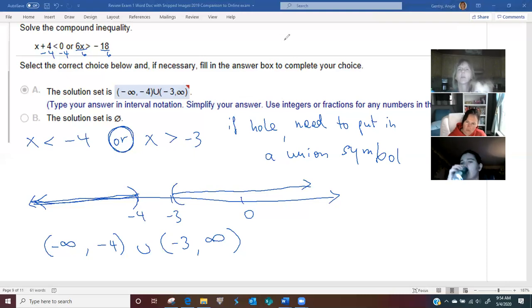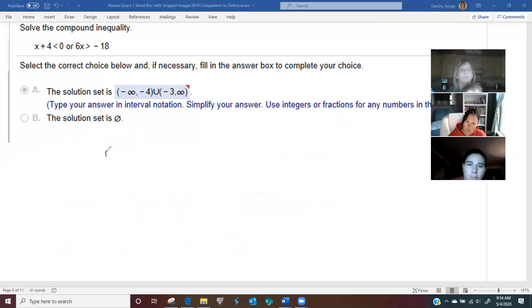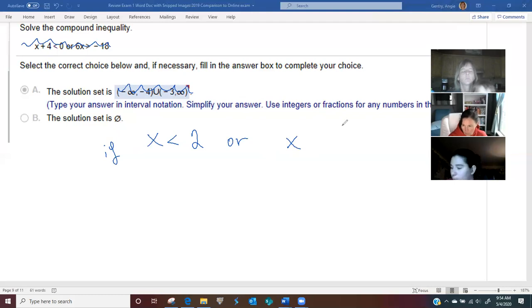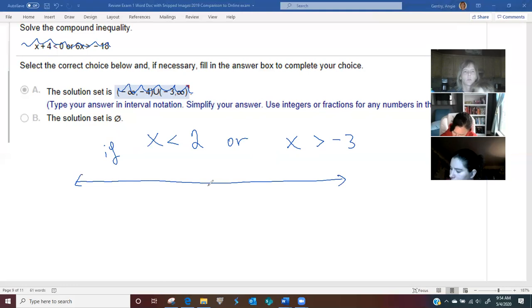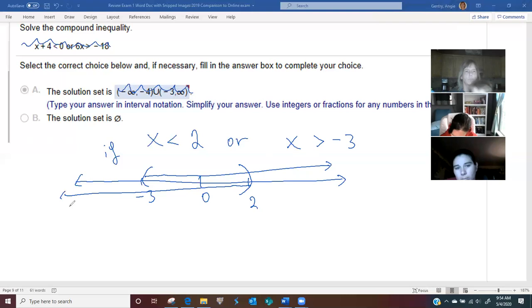So I'm going to say, okay, what if x is less than 2 or x is greater than -3, okay? So here's your 0, here's a -3, greater than -3, less than 2, see?